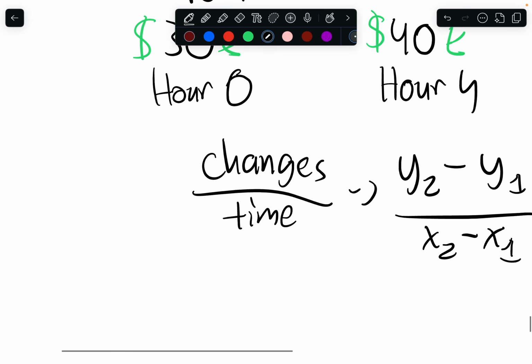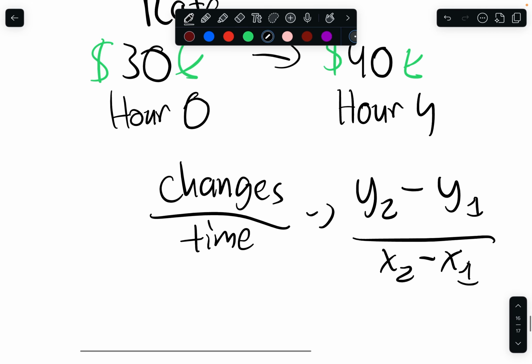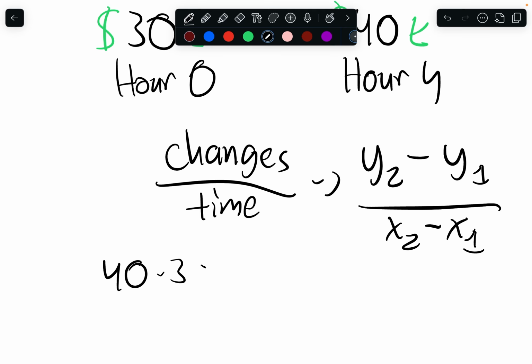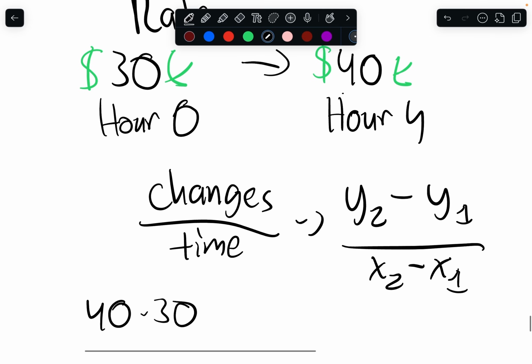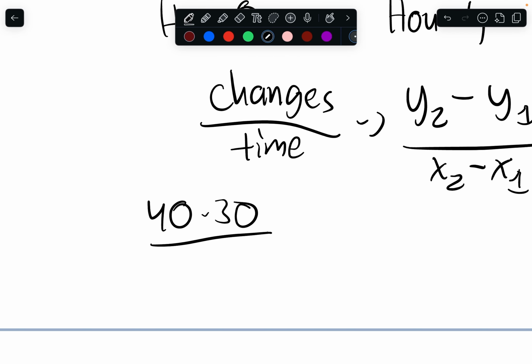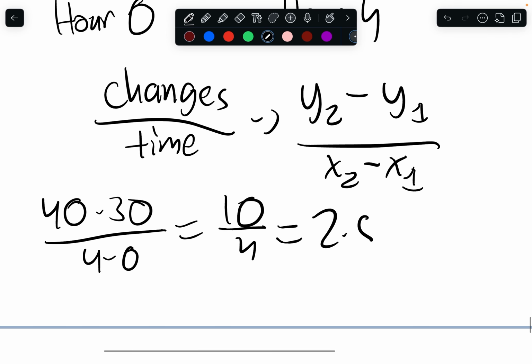If that's kind of hard to remember, just remember this formula. So to calculate my rate of my money per hour, I'll do 40 minus 30. I ended up with 40K when I ended, and I started off with 30. And then around 4 hours pass, which is just 4 minus 0. This is equal to 10 over 4, and that in itself is equal to 2.5.